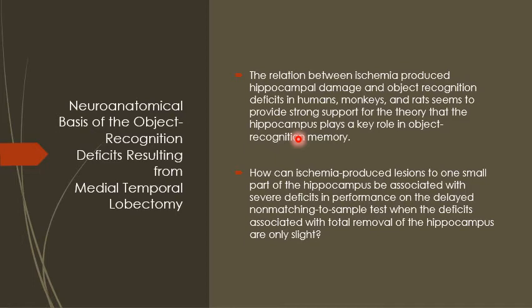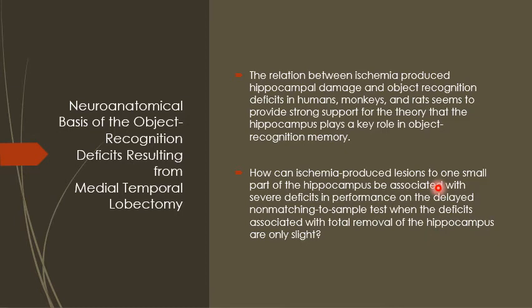For example, how can ischemia-produced lesions to one small part of the hippocampus be associated with severe deficits in the performance on the delayed non-matching to sample test? If you can recall this test, katong monkey test, katong na-delay na sample objects, no? When the deficits associated with the total removal of the hippocampus are only slight.